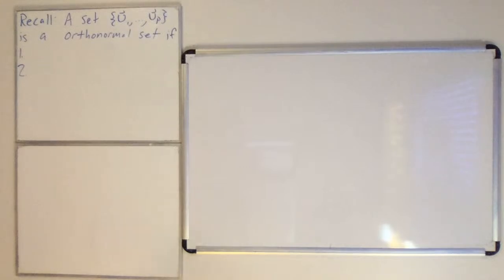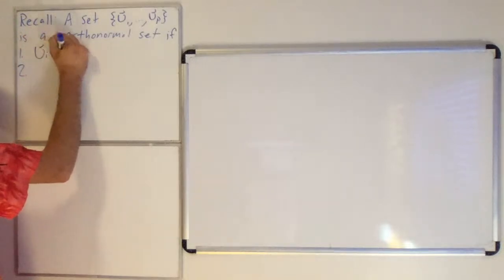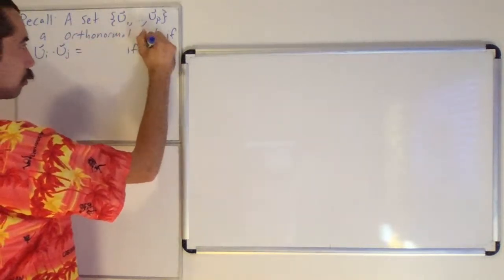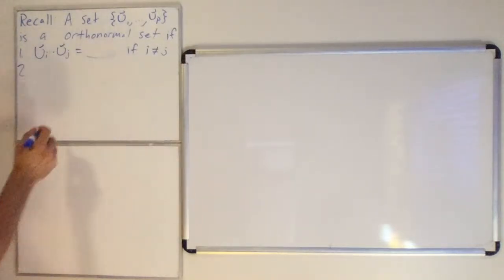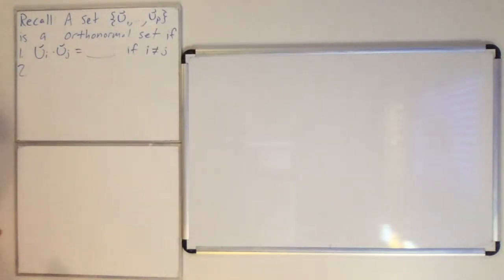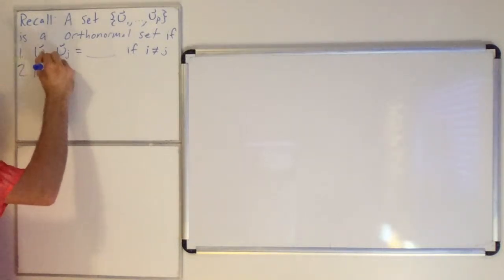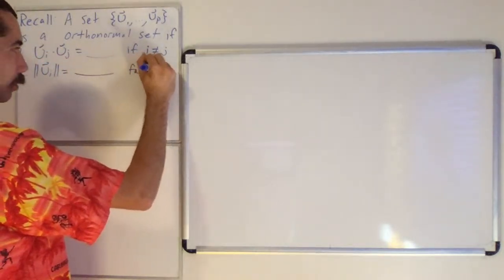There's two conditions. We didn't list them as two conditions when we wrote out the definition, but we can summarize it in two conditions. The two conditions are ui dotted with uj is equal to something if i is not equal to j. So what is that something? And the other condition was the length of ui is equal to something else for all i.